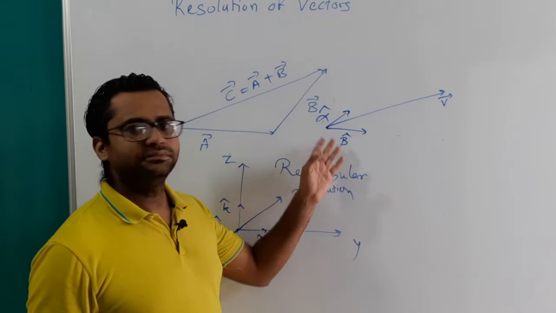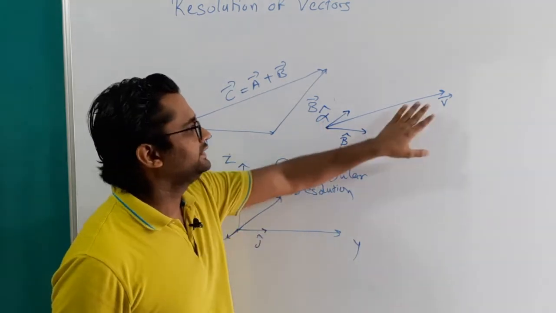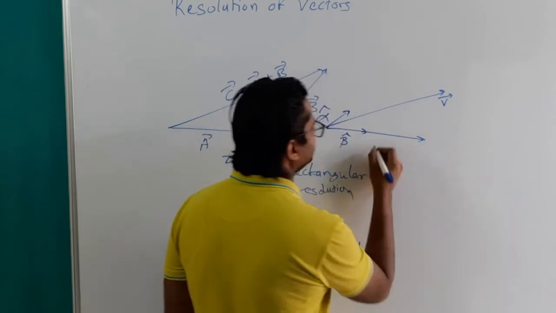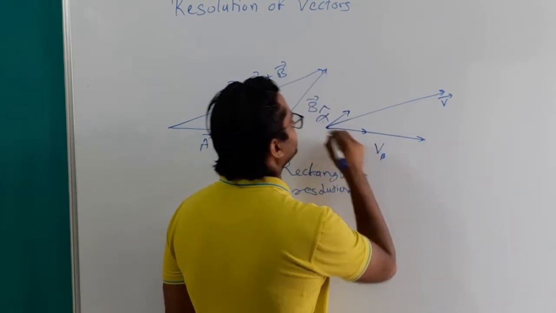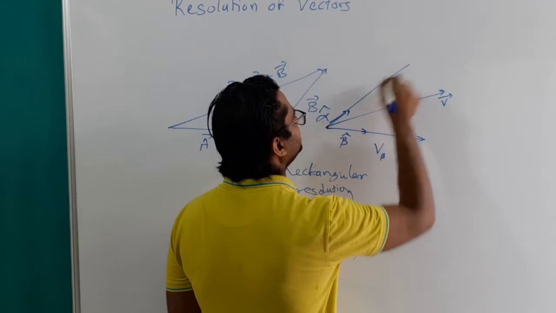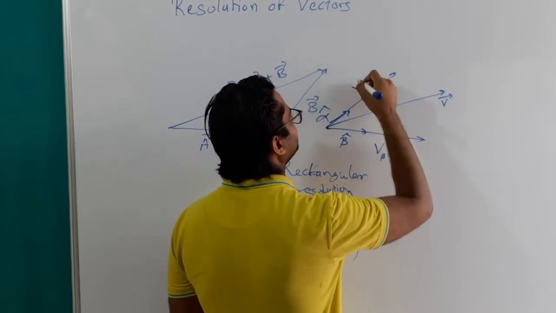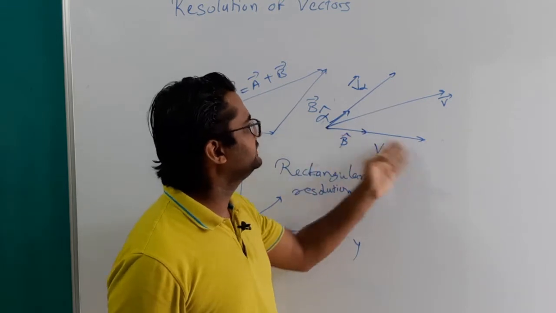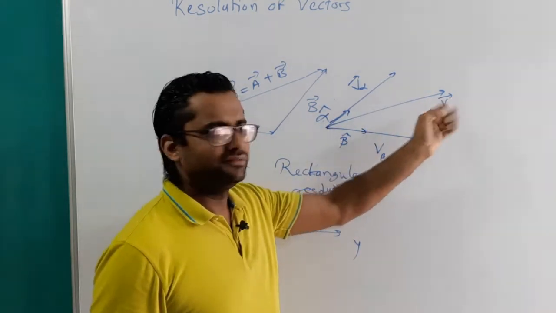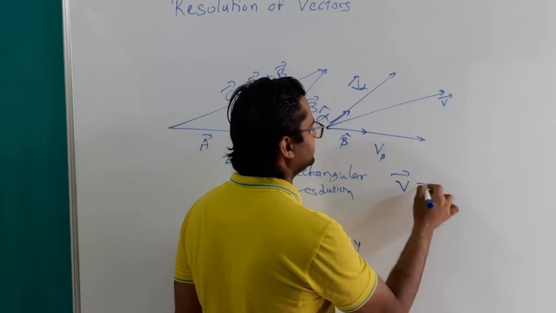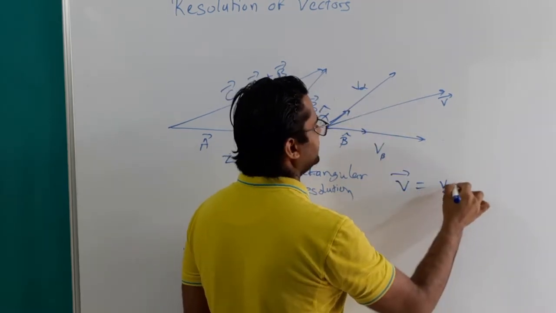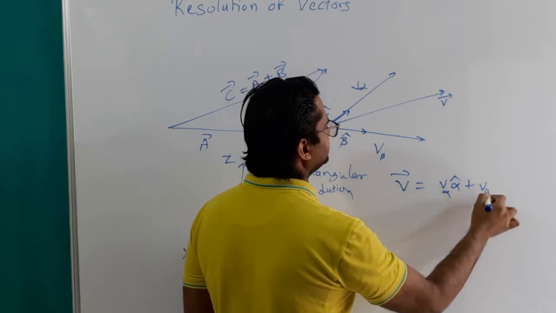These are random vectors. So we can have a component of this vector along beta cap. Let us say this is v beta, and the component of this vector v along alpha cap is v alpha. Then again, using parallelogram law, this vector plus this vector is our v vector. So we can write v vector as v alpha cap plus v beta cap.